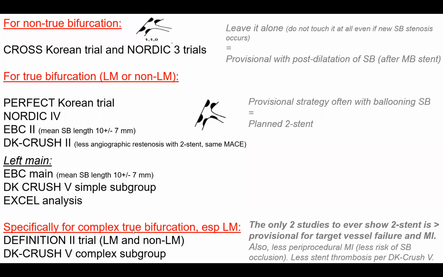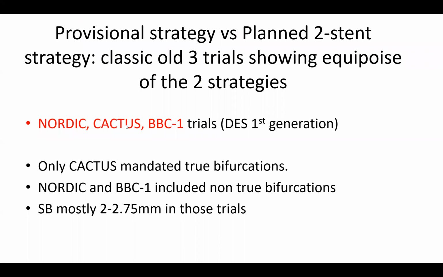So in complex true bifurcation, two trials have shown that two-stent strategy is superior to provisional stenting strategy. And those are the only two trials to ever show really a two-stent strategy to be superior to a one-stent provisional strategy. They had less early peri-procedural MI, which is contrary to those early trials where provisional had less peri-procedural MI.